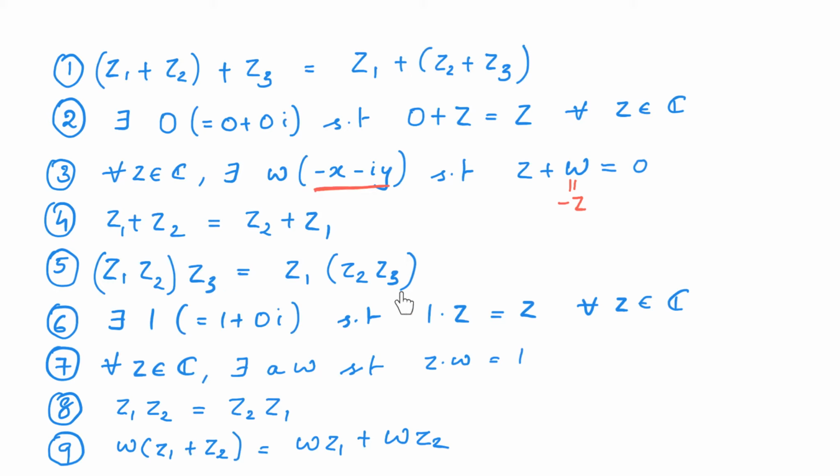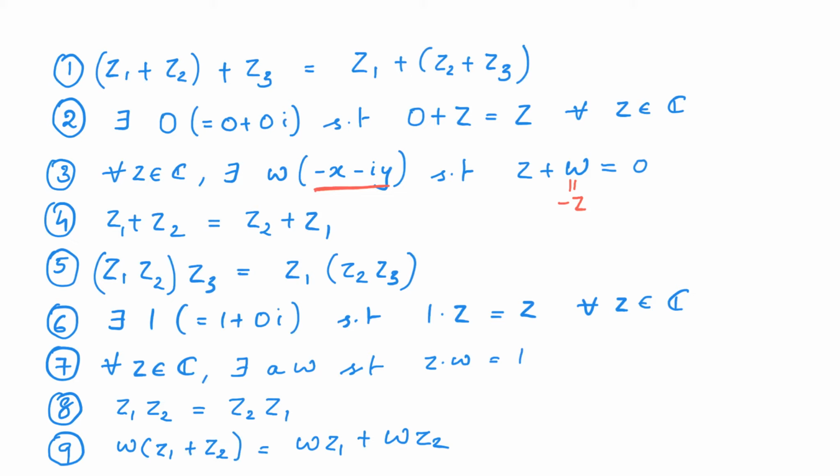Multiplication is also associative. Multiplication is also commutative. Moreover, just like we had additive identity, we have a multiplicative identity, and the property is that this when multiplied with any number, you get the number itself. Once again, it is easy to see what this multiplicative identity would be. It is a number of the form 1 plus 0i. Also, given any z in the set of complex numbers, we want a multiplicative inverse for it.